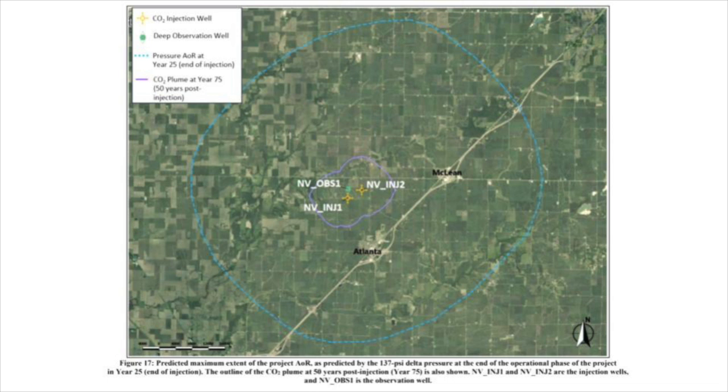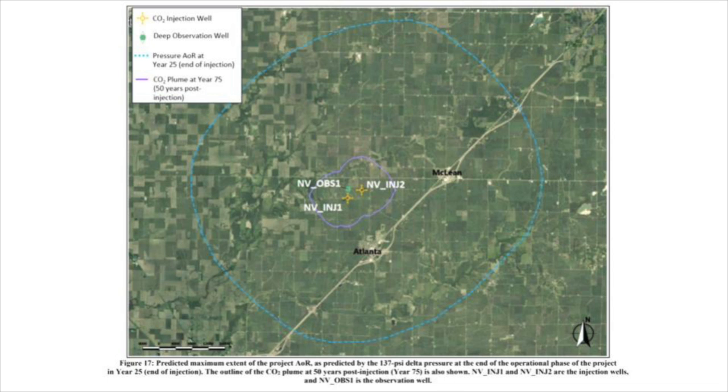They calculate what they predict those boundaries to be. The picture is the Vervain project, which is where our land is. And you'll see it's a huge area. It completely encompasses the towns of Atlanta and McLean.